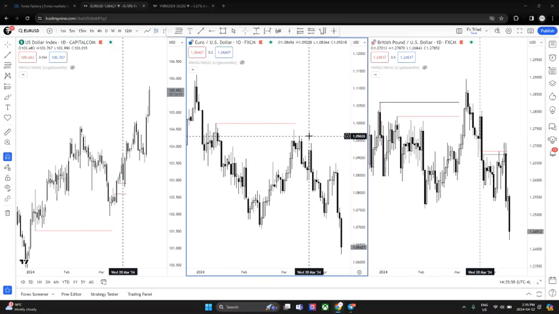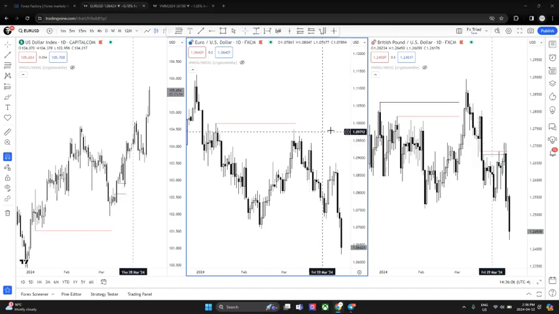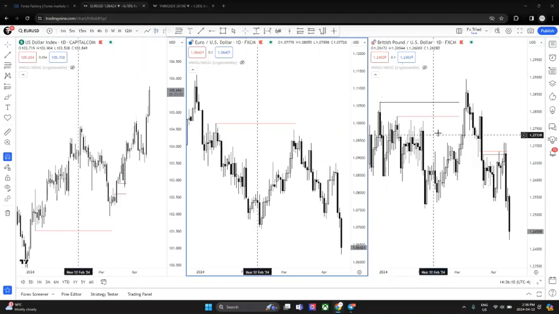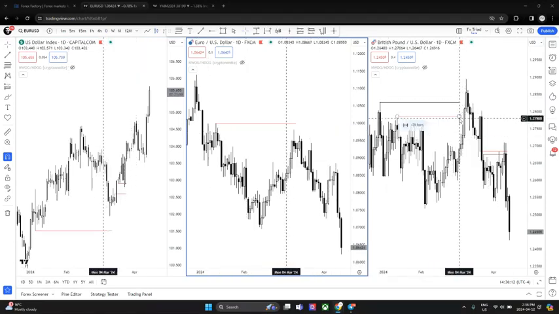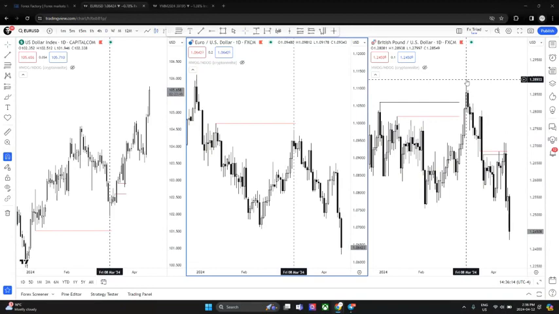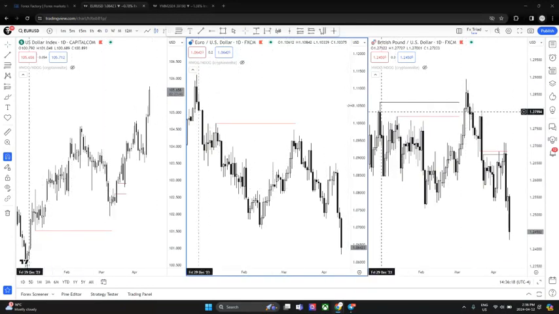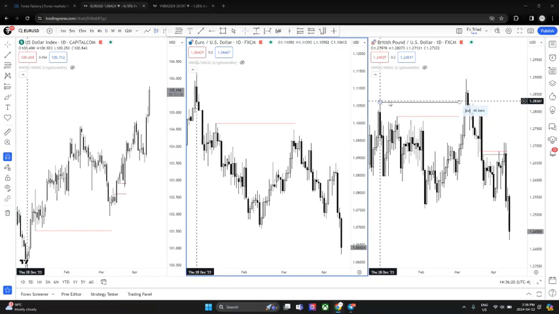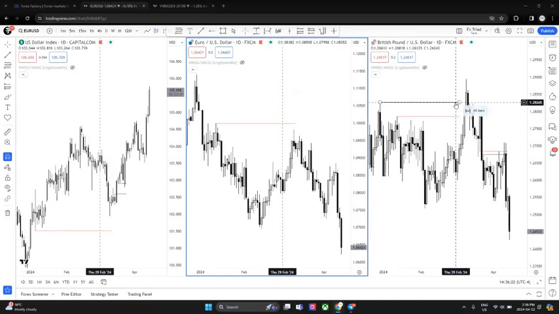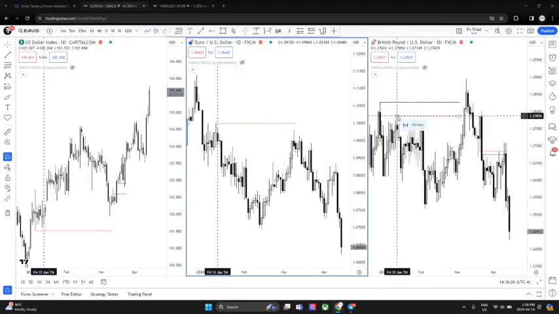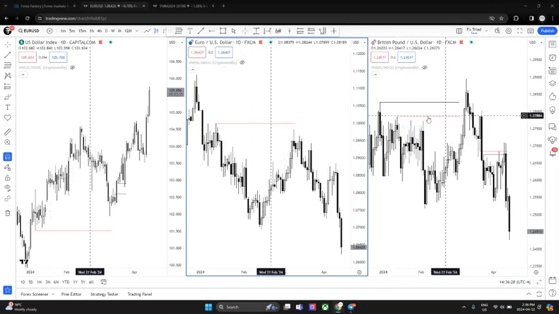So it's not like it's double sequential SMT or anything like that. That would just be stage one, stage two, as you guys already know. But here we had sequential SMT here, and below the sequential SMT, the high which caused that, we had regular SMT.